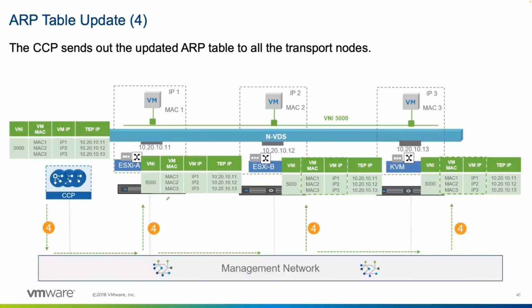The same thing happens: those records get collected and sent to the CCP to do the aggregation, and the control plane will hand out the same records to every transport node, so that every transport node sees the whole same scenario of the whole system.